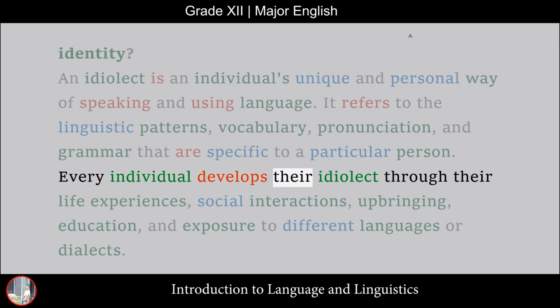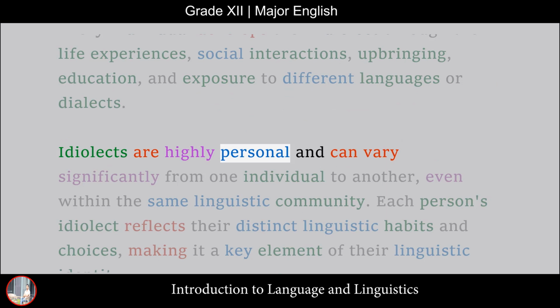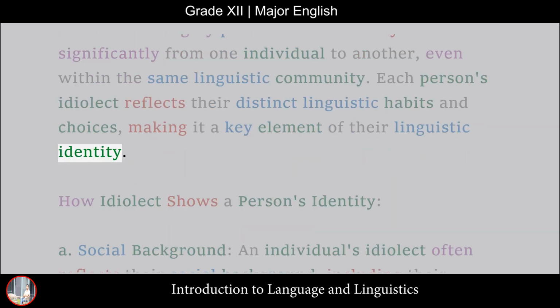Every individual develops their idiolect through their life experiences, social interactions, upbringing, education, and exposure to different languages or dialects. Idiolects are highly personal and can vary significantly from one individual to another, even within the same linguistic community. Each person's idiolect reflects their distinct linguistic habits and choices, making it a key element of their linguistic identity.